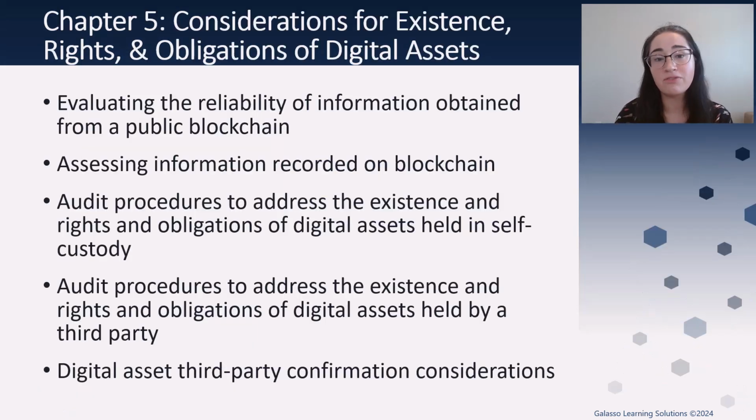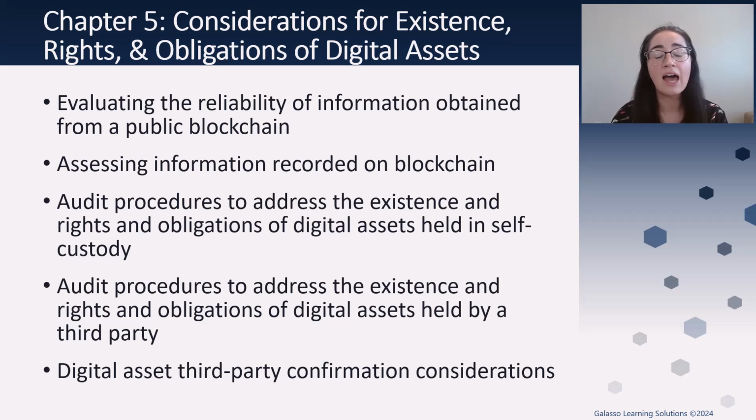Here is Chapter 5. Chapter 5 focuses on considerations for existence, rights, and obligations of these digital assets. And again, this is in the very user-friendly Q&A format. As you can see here, there are a number of individual topics that you can find within Chapter 5. For example, there is an entire section on evaluating the reliability of information obtained from a public blockchain, with all of the factors that might be relevant for an auditor to consider.